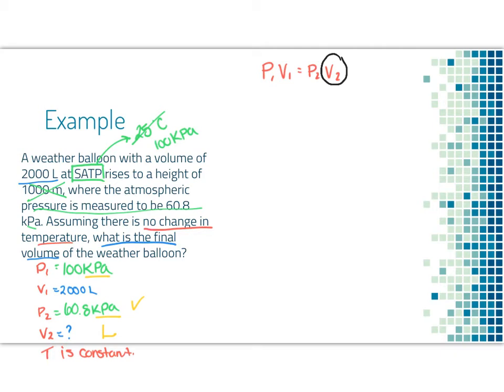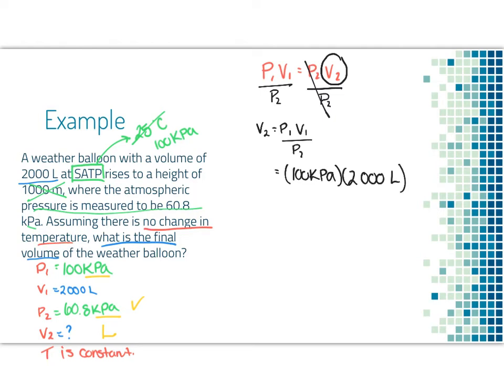So I'll show rearranging first here and then subbing in. If we want to get V2 by itself, I need to divide both sides by P2. P2 cancels here, so I get V2 is equal to P1 V1 all over P2. Let's put in our numbers. 100 kPa times our 2,000 liters divided by 60.8 kPa, and that should be our final answer.